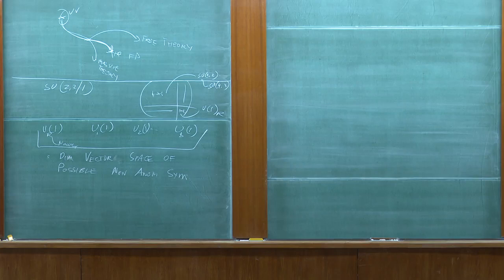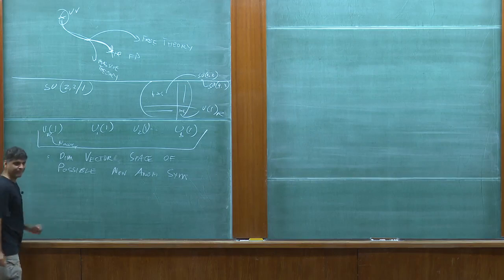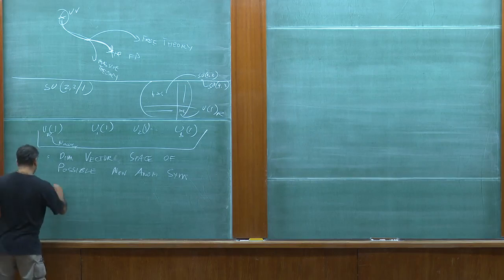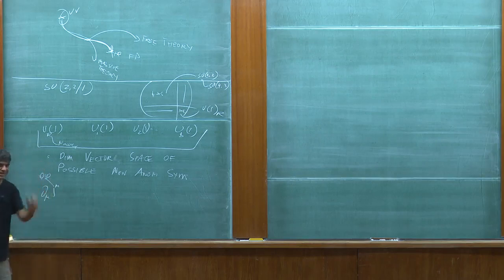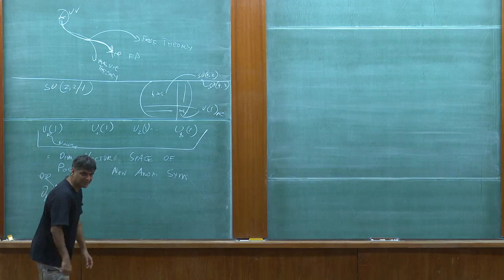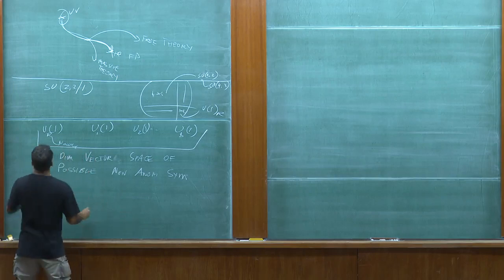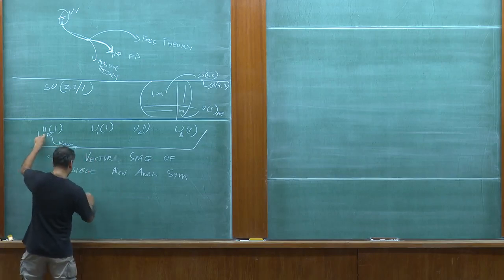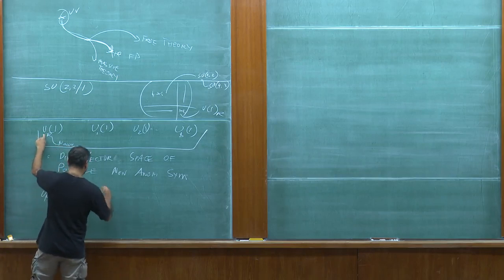You see, when we compute the anomaly, the anomaly of the QCD current, that is just not allowed. The theory makes no sense if it's not zero.